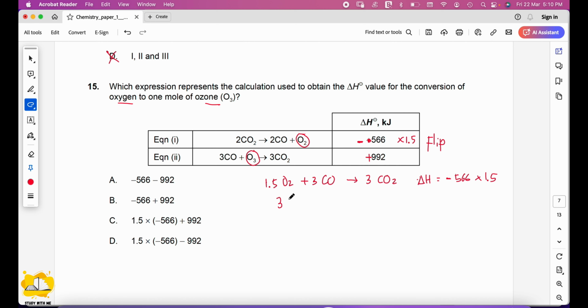So it will be 3 CO2 producing ozone and 3 CO. So delta H will be plus 992. All right, so we can eliminate them and eliminate this one as well. So oxygen to 1 mole of ozone. So the answer will be C.